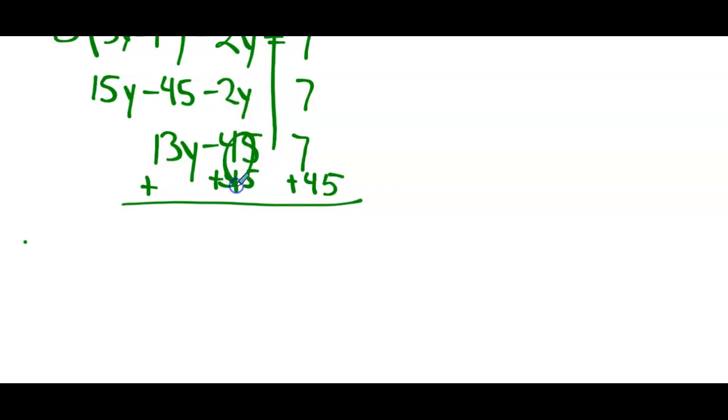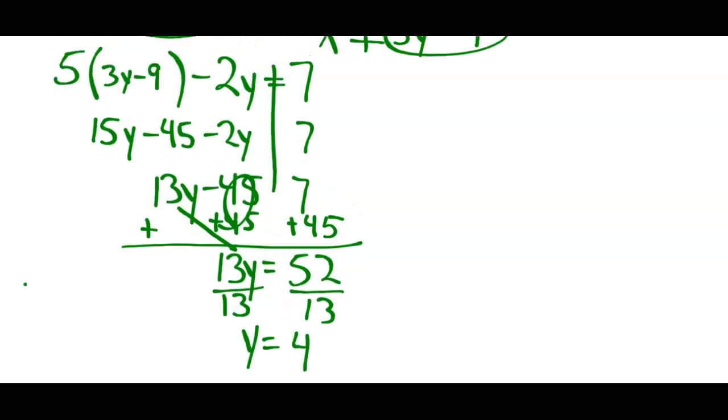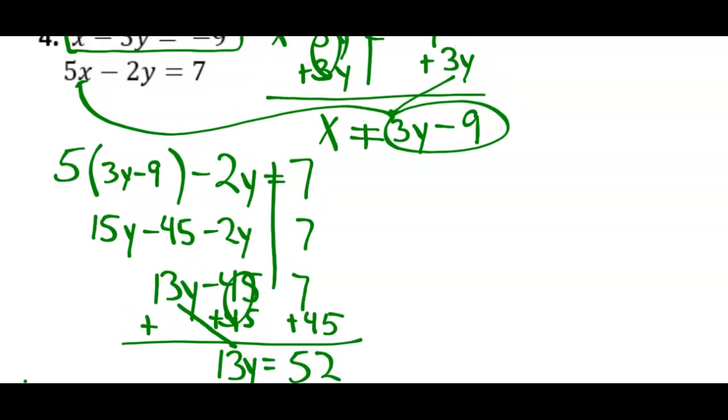That will zero out. I'm going to bring down my 13y. 7 plus 45 is indeed 52. I'm going to divide both sides by 13. And I'm going to get y is equal to what? 4. Great.